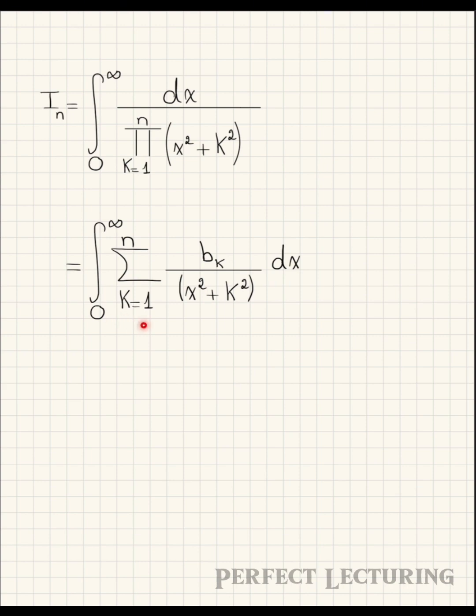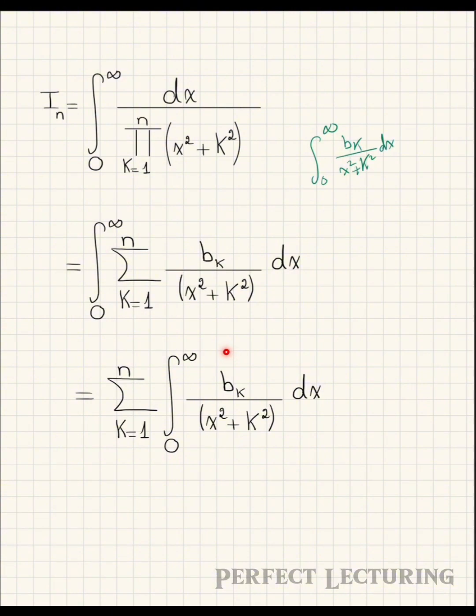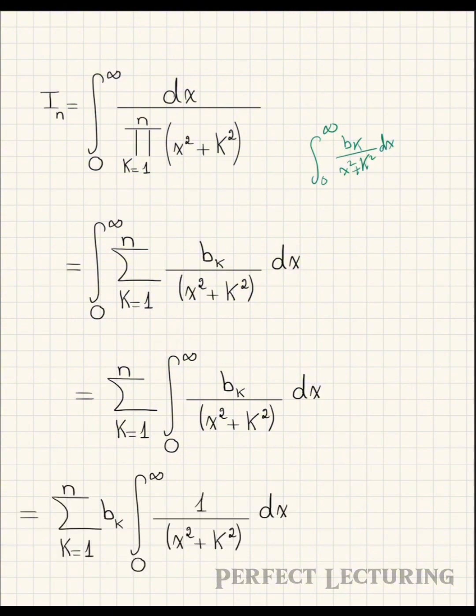This is a finite sum, and the integral from 0 up to infinity of any bk over x squared plus k squared dx exists, as you will see in a minute. So there is no issue with interchanging the integral with the finite sum, because we will end up integrating a finite number of terms, all of them being integrable over the interval 0 to infinity. Then we can take bk out of the integral, and we end up with this.